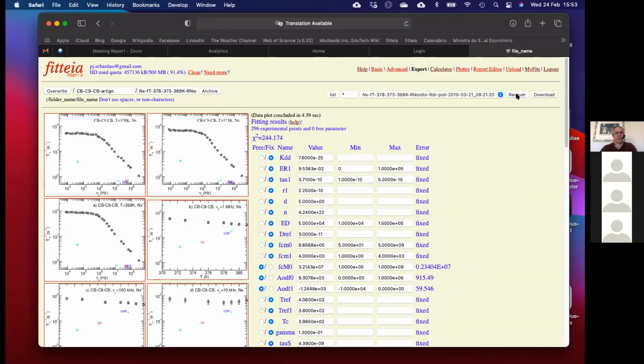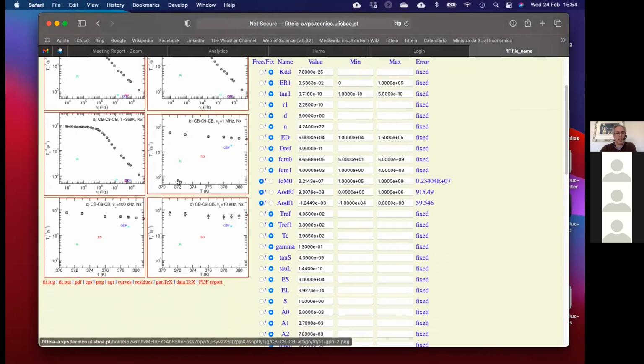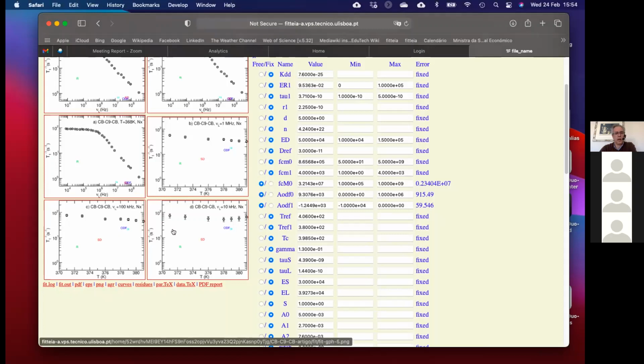What was in the system is a series of dispersion curves, 1, 2, 3, corresponding to different temperatures, and 3 other data sets that depend on temperature this time, so it's relaxation rate as a function of temperature. This one is for one frequency, 1 megahertz. This is for 100 kilohertz, sorry, and this is for 10 kilohertz.